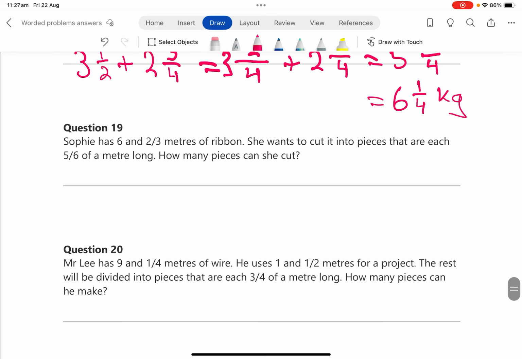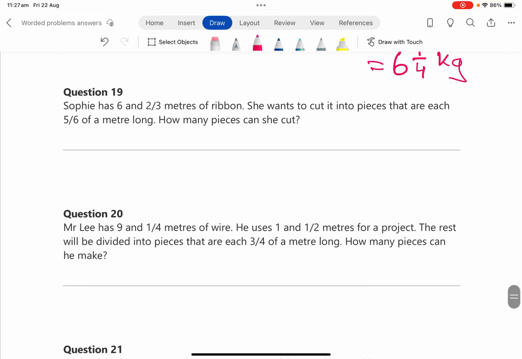Sophie's got 6 2/3 meters of ribbon. She wants to cut it into pieces that are each 5/6 meters long. We've actually just done a question very similar to this, you might recall, previously. So in this case, we're going to end up having to convert our mixed number to an improper fraction. Same as before, times and then add.